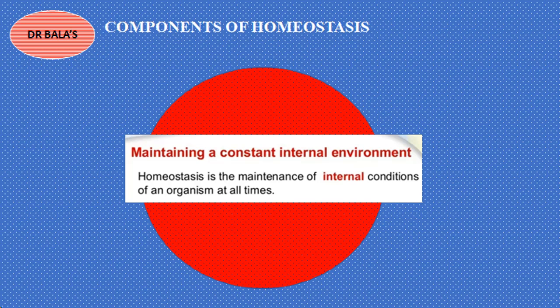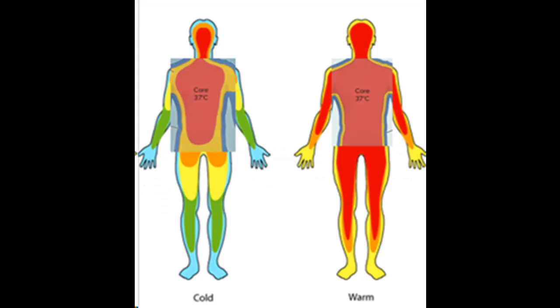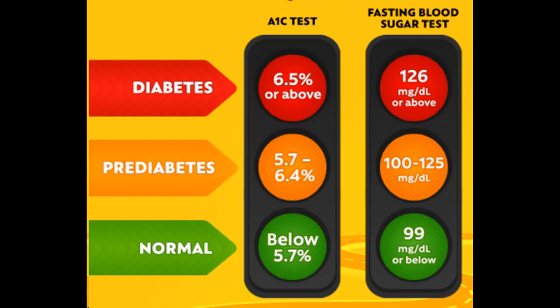We saw some examples: a temperature change outside the body, and the other example I gave was the change in the blood glucose level, or sugar level. For a change in the external environment, we talked about temperature changes and how the body tries to maintain its internal temperature, which we call thermoregulation. In the next example, the blood glucose level increases or decreases.